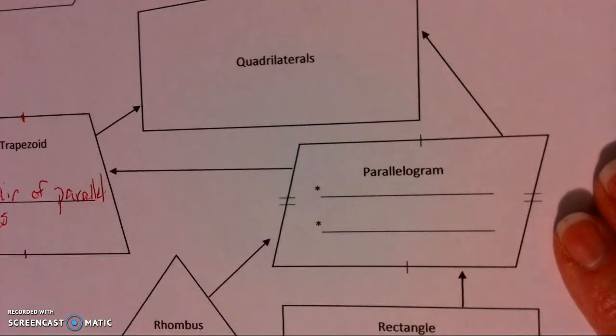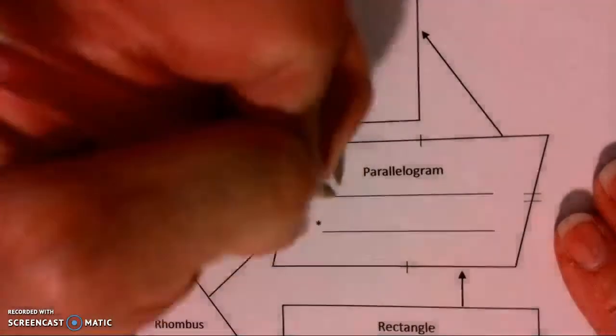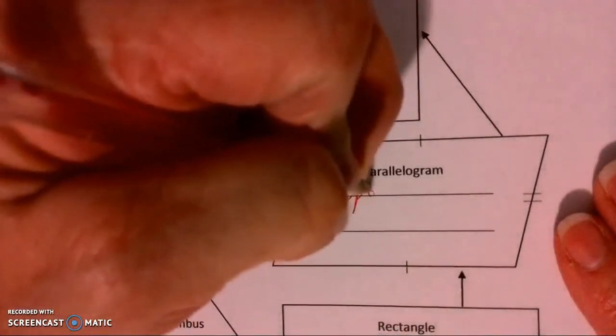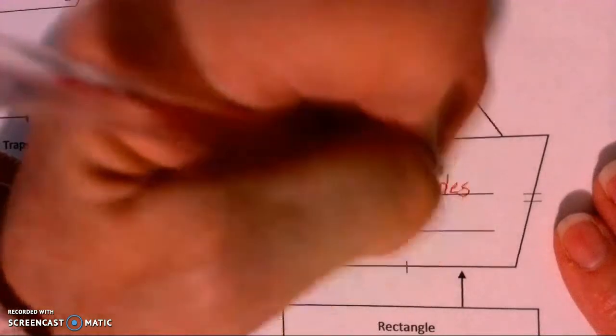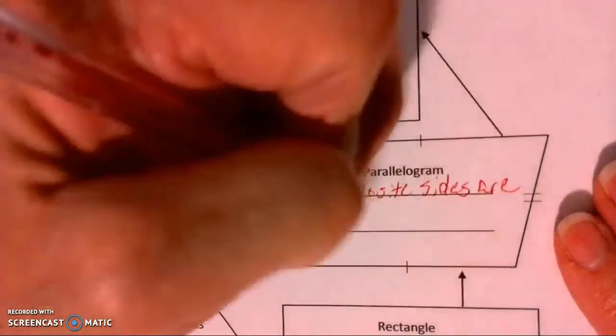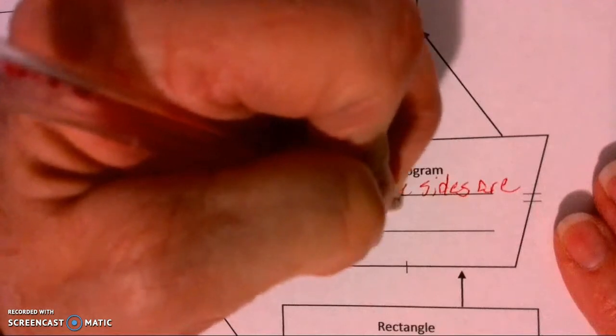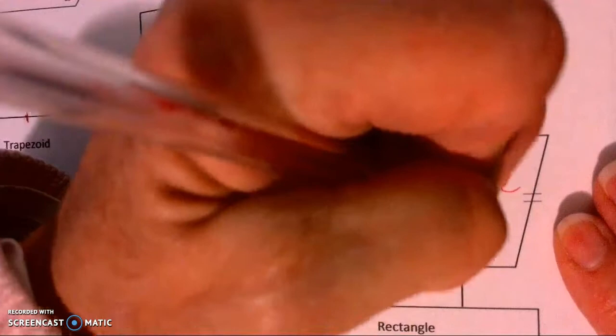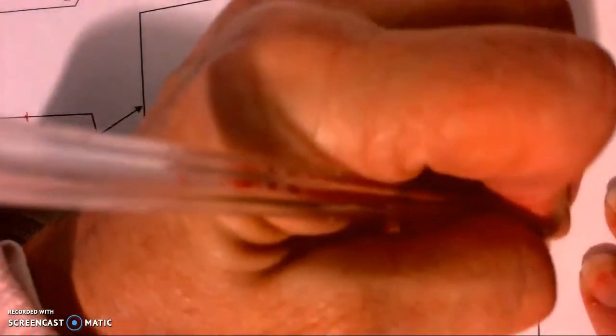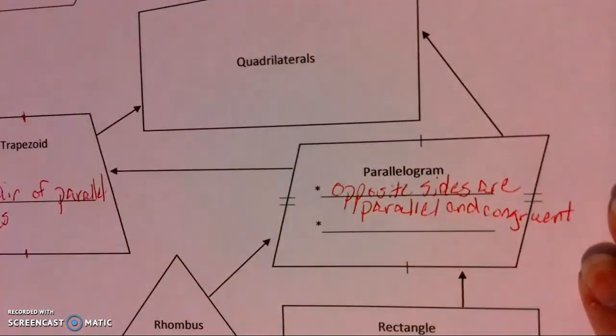What makes a parallelogram is that opposite sides are parallel and congruent. And remember that congruent means they're equal length. So opposite sides are parallel and congruent.